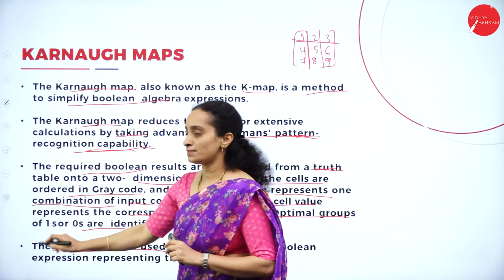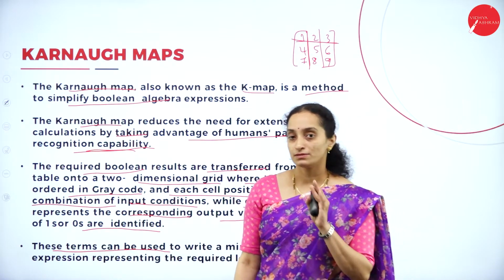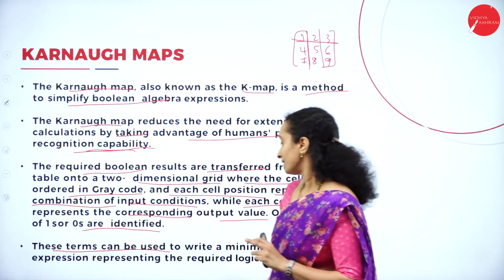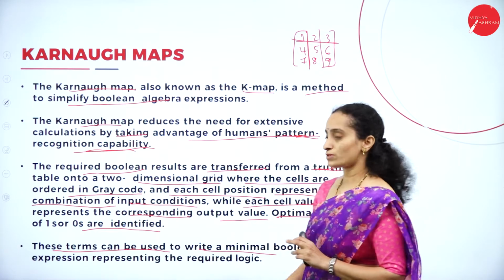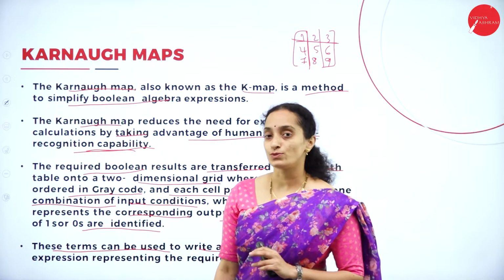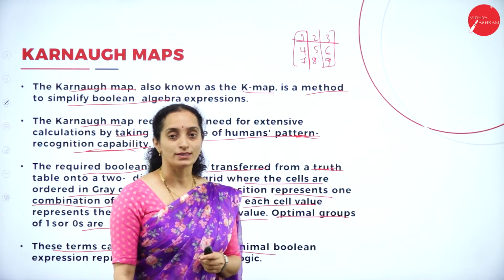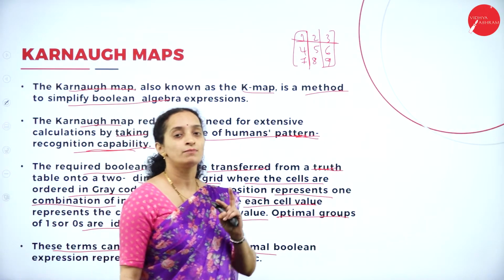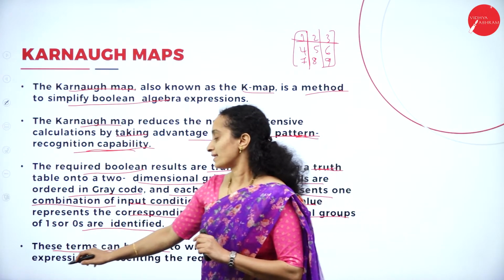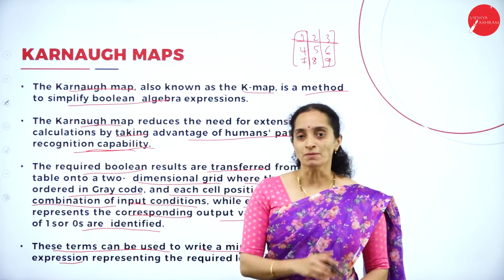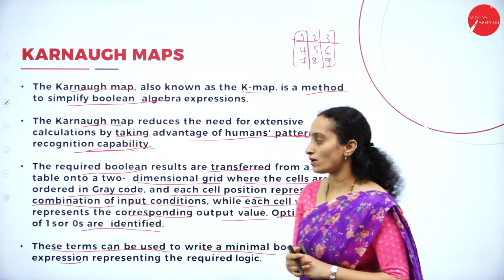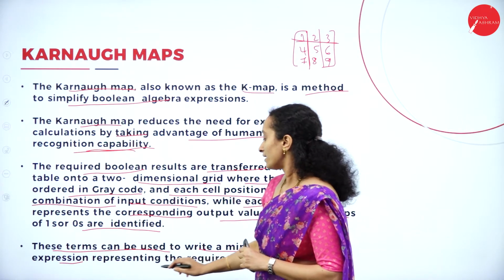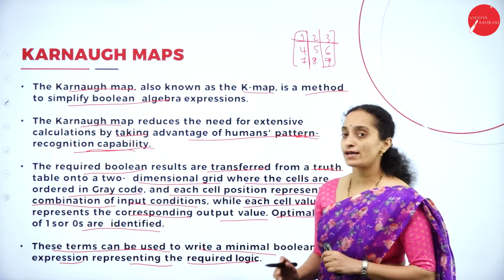These terms that are given in a grid can be used to write a minimal Boolean expression. With that Karnaugh map, you are going to reduce the number of minterms or maxterms representing the required logic.